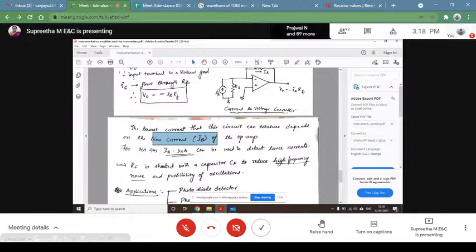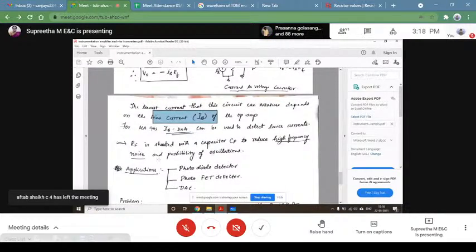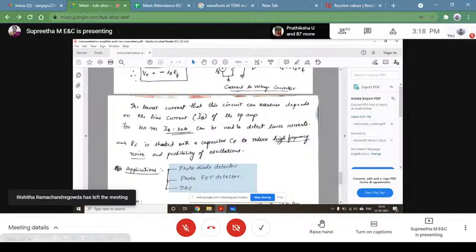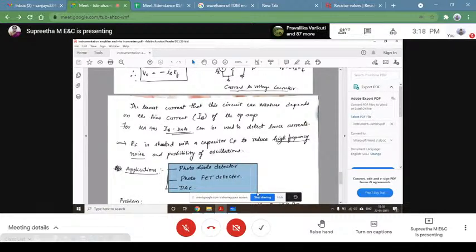We go for using the capacitance in feedback. As I said earlier, the applications are photodiodes and photovoltaic cells, that's your photodetectors, and also we use it in DAC to convert your current to voltage.